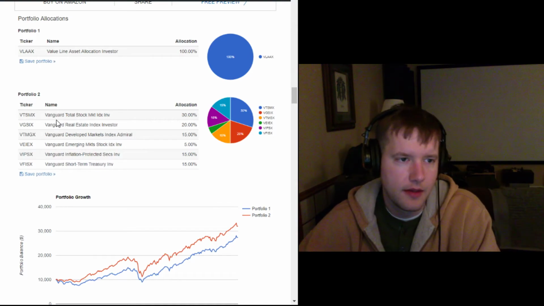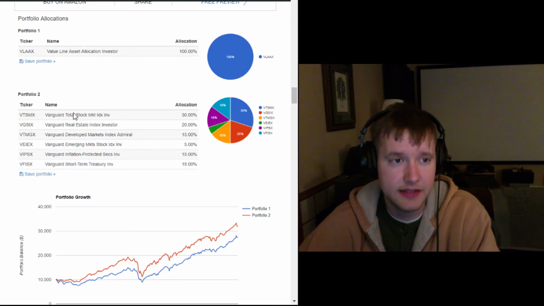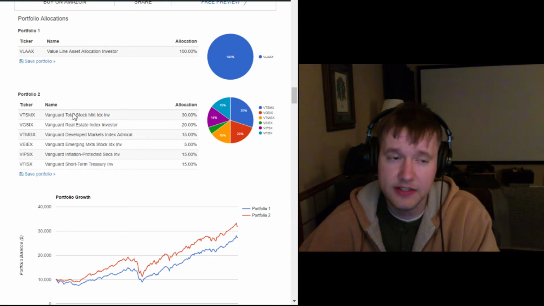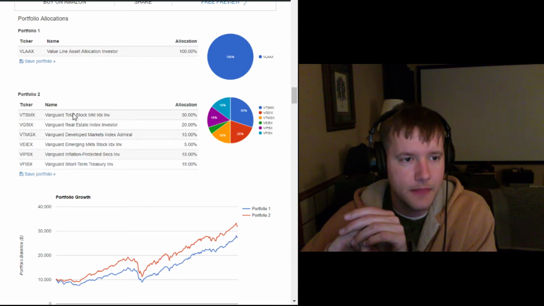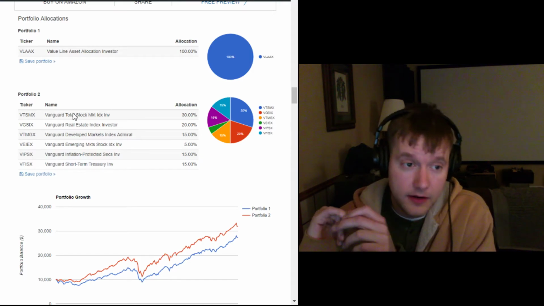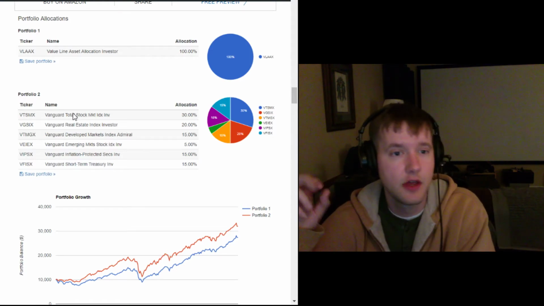And one of these holdings is a total stock market index. That's what VTSAX is. VTSAX holds very similar stuff to Vanguard's VTI, which is the exchange traded fund form of the same thing, and VTSAX is the Admiral shares form of the same thing.